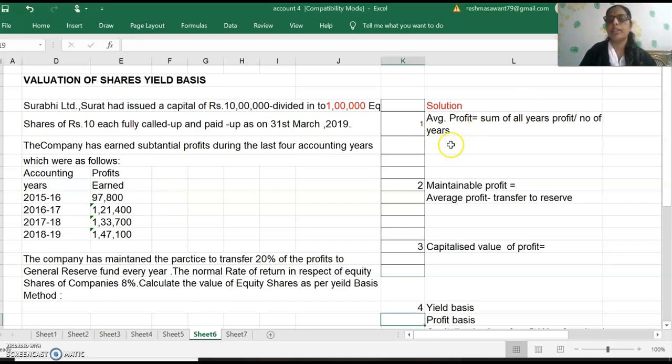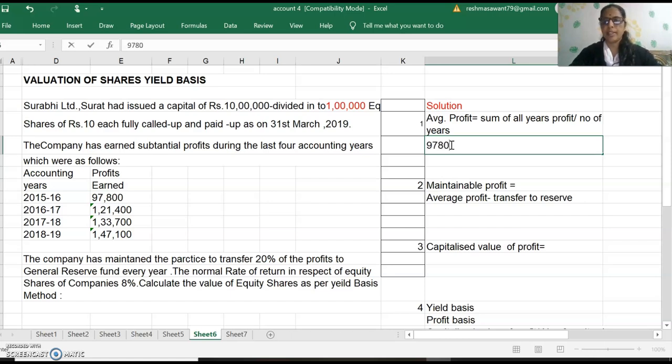The first point: we have to calculate all years' profit divided by number of years, which gives you average profit. So 97,800 for the first year, plus 1,21,400 for the next year, 2016-17, and 2017-18, 1,33,700, plus 1,47,000.